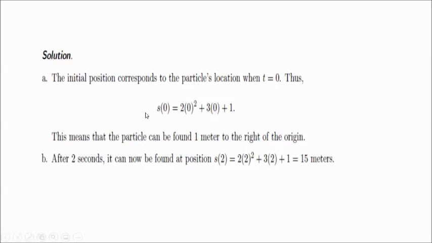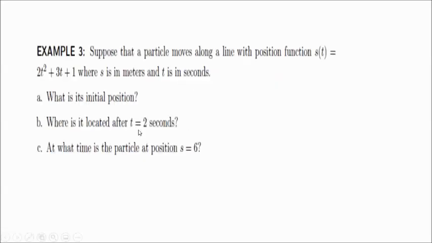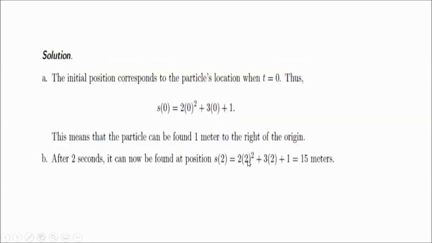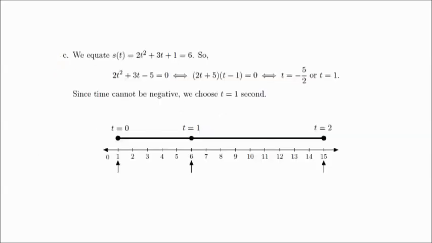Okay? Then, tinatanong yung after 2 seconds. Kung after 2 seconds, isub mo lang ulit. So, nasa 15 meters to the right siya. Ito siya. So, at the initial, nandito siya.